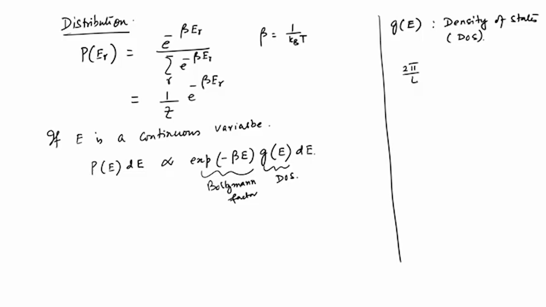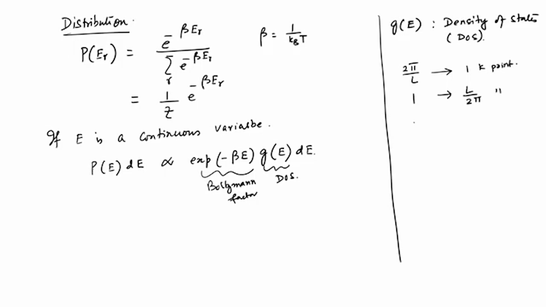In K space, we know that if we move a distance 2 pi over L, we get 1 K point. So, the K points are separated by 2 pi over L, where L is some length of the system. If we move unit distance, then we get L over 2 pi K points.